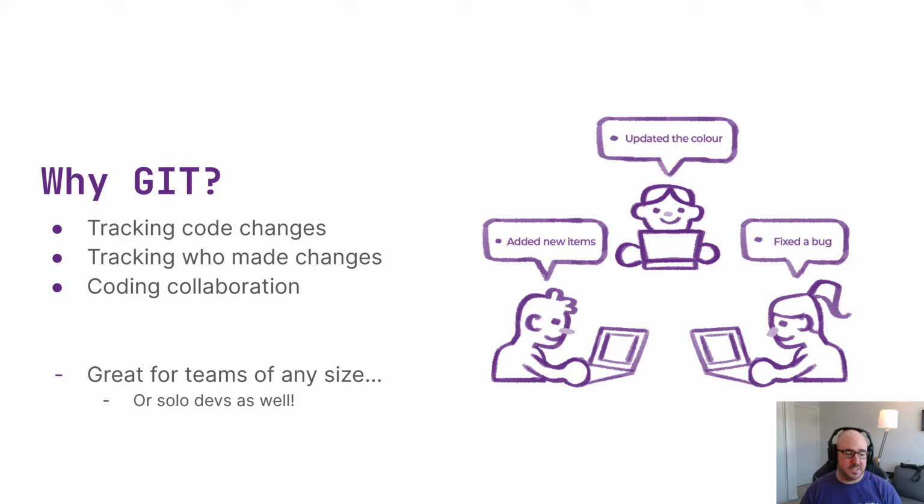Even if you are just a solo dev working on a project by yourself, being able to easily maintain versions of that project between, say, a desktop and a laptop computer is a really handy thing that Git basically just gives you out of the box. But also just having that ability to see changes that you've made, revert changes, go back to earlier states of the project.